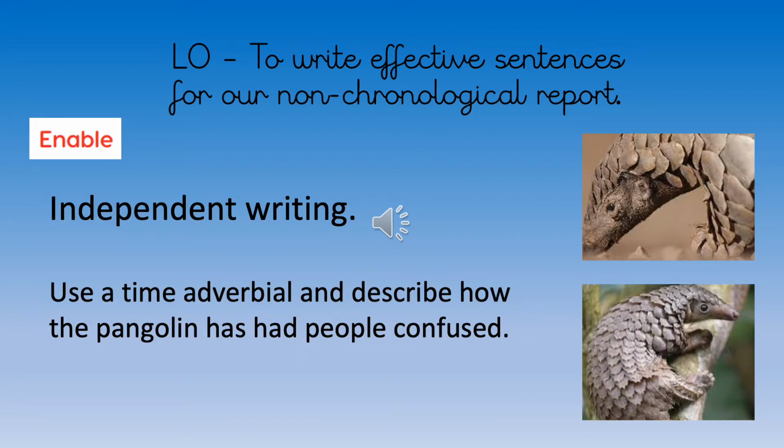Use a time adverbial and describe how the pangolin has had people confused. Use the example. Try and add things, change things. We're trying to create the first sentence, which was in the previous slides. Look at the model writing. See how you can improve, change to finish that sentence. Record them in your book.